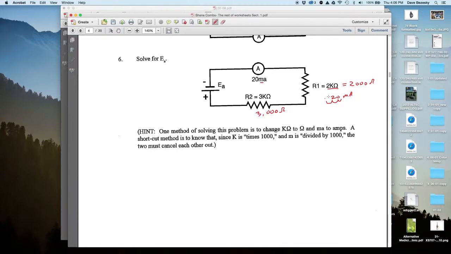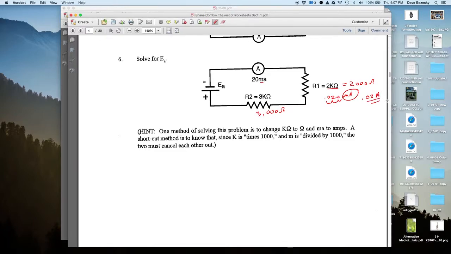Put the decimal place there, and we have to put a 0 in front. So 20 milliamps is actually equal to 0.02 amps.